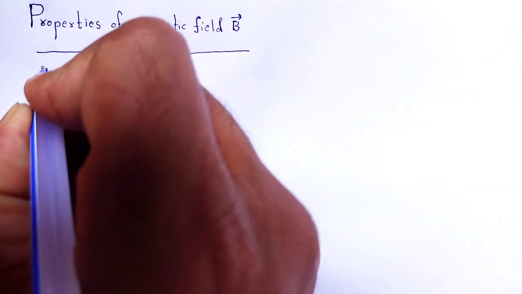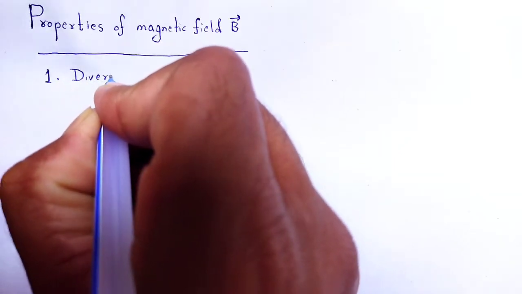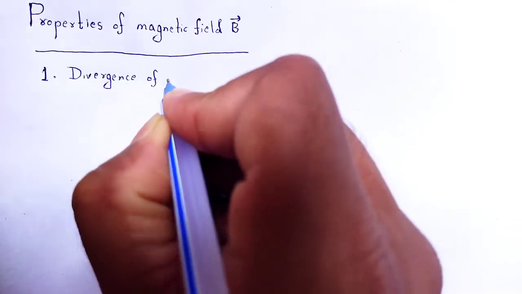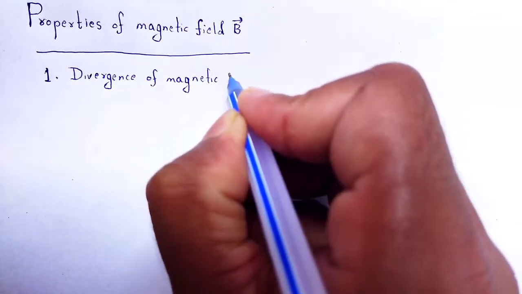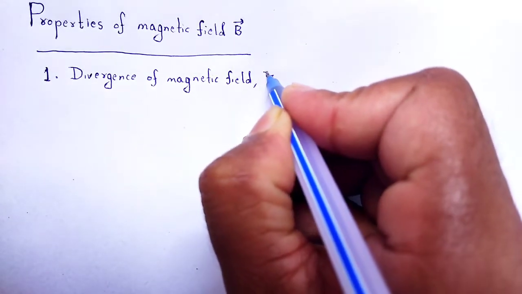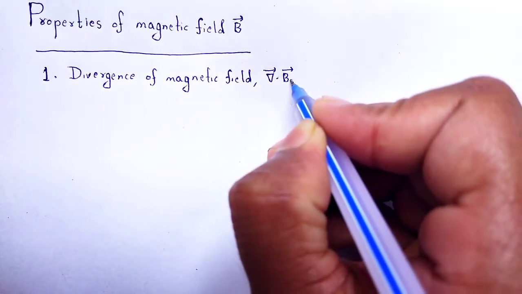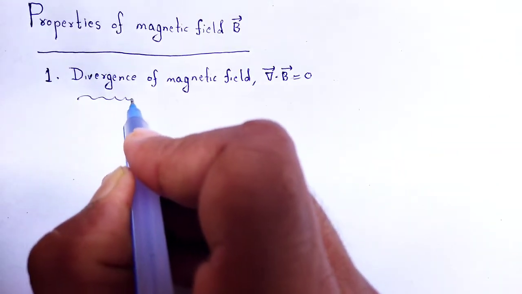Property number 1, divergence of magnetic field, means grad dot B is equal to 0. Divergence of magnetic field.